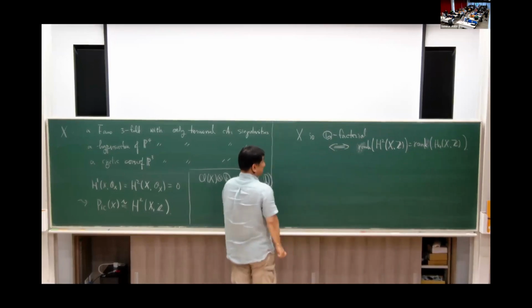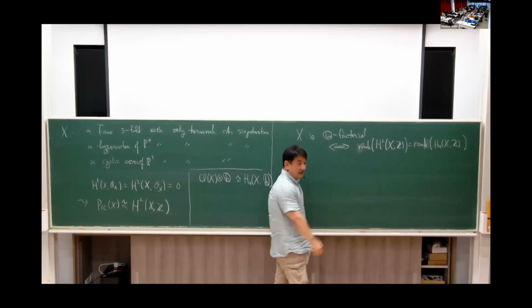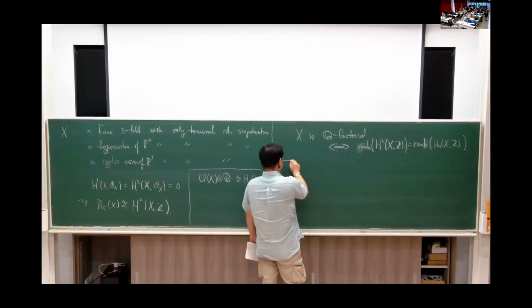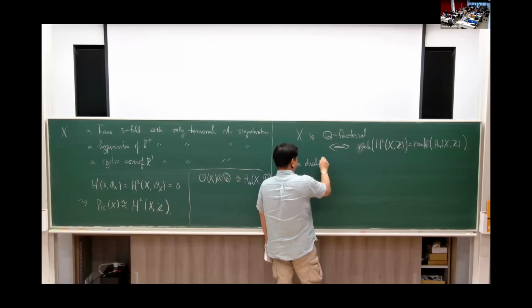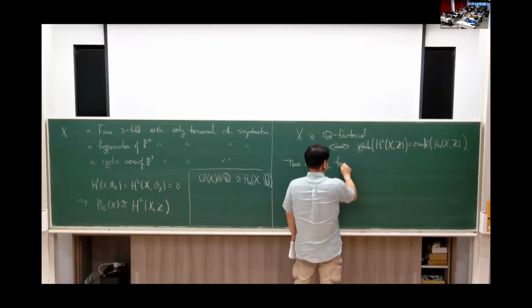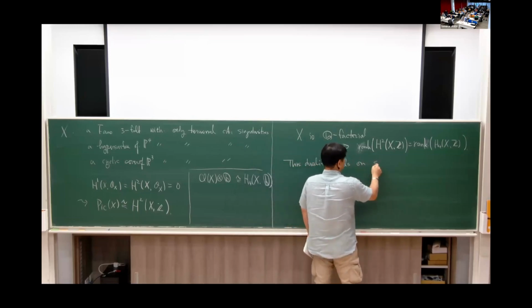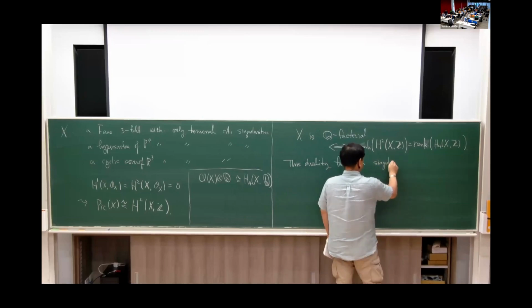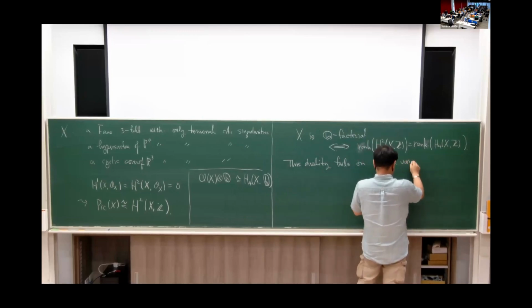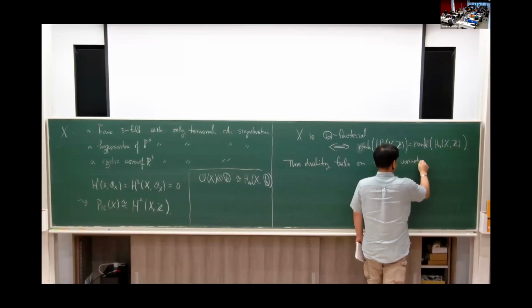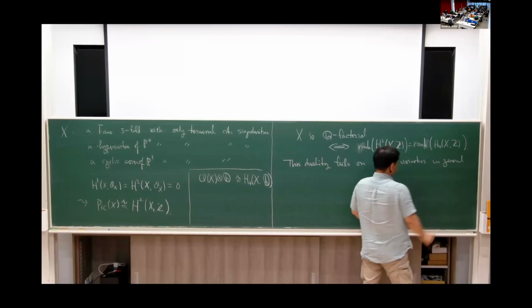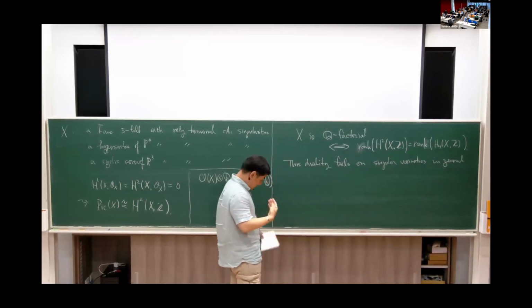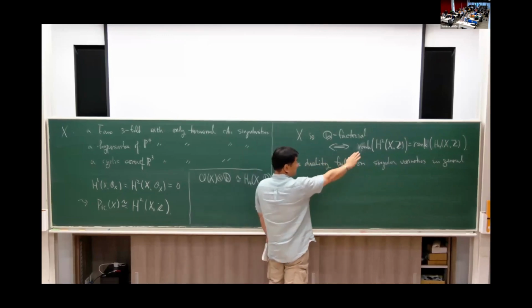All right, so this is a sort of a duality. This duality condition usually fails on singular varieties in general. This failure can be quantified by the difference between these two numbers.